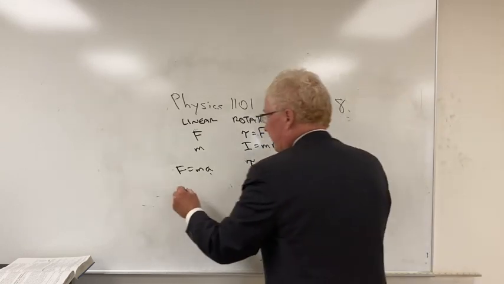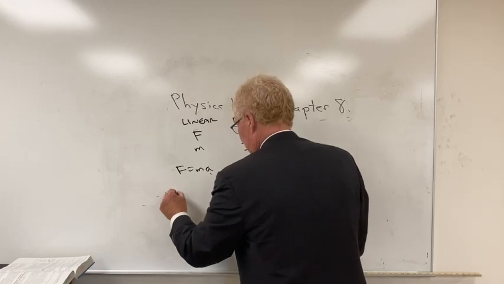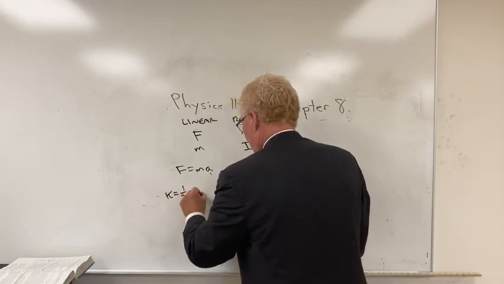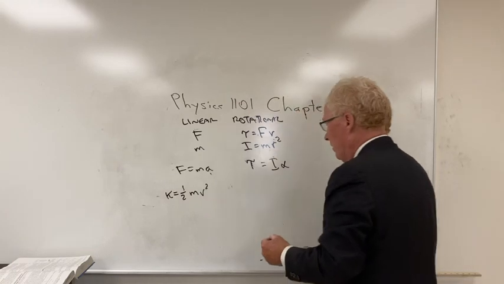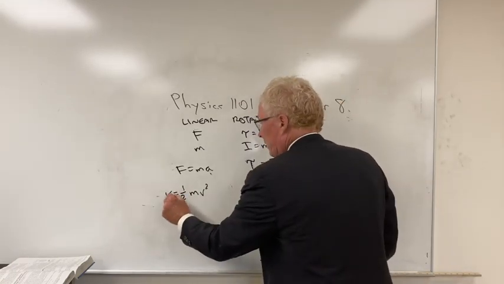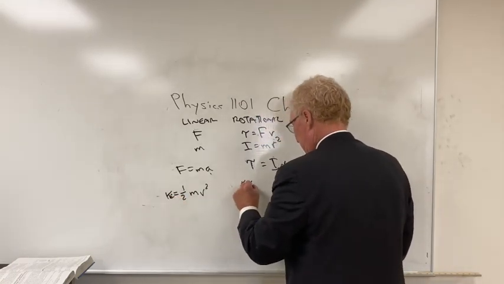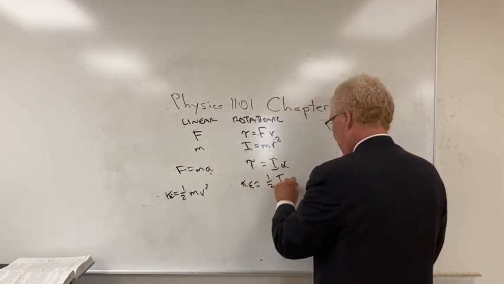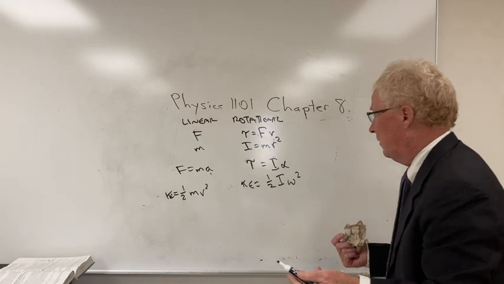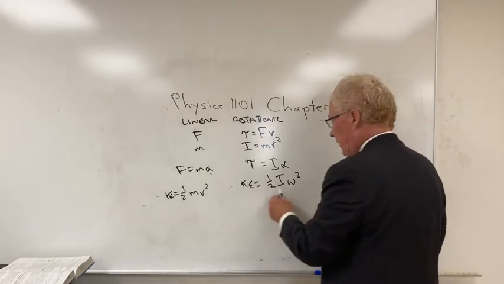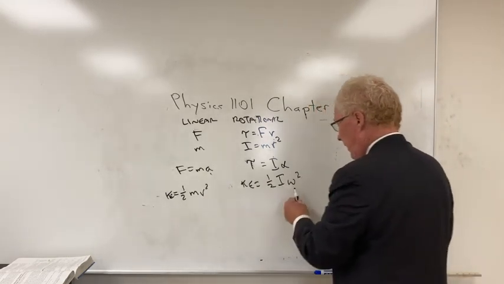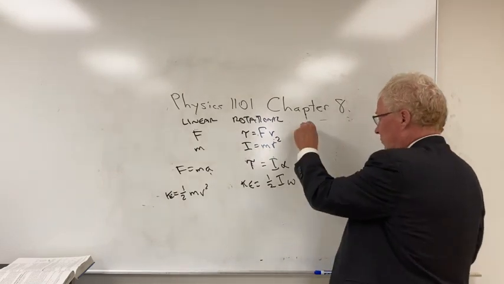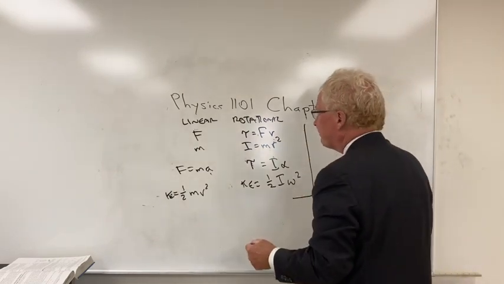And then finally, we have kinetic energy is 1/2 mv squared. Here, kinetic energy, KE, is going to be 1/2 I omega squared. So exactly equivalent, but instead of mass, we have I, and instead of v, we have omega. So those are expressions there.